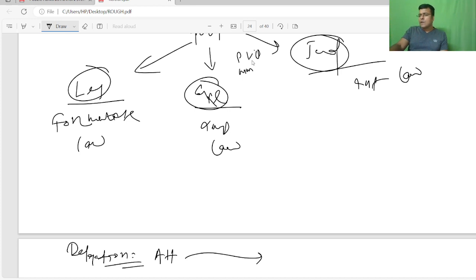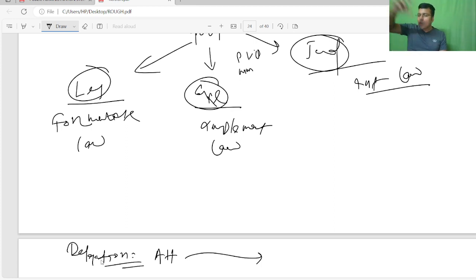The legislature formulates law, the executive implements law, the judiciary interprets law. Clear? Yes.